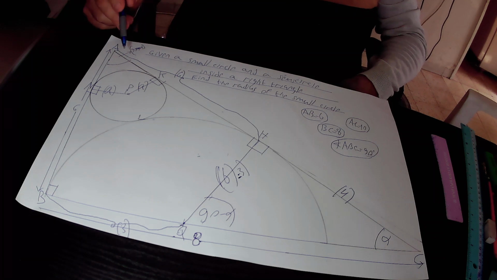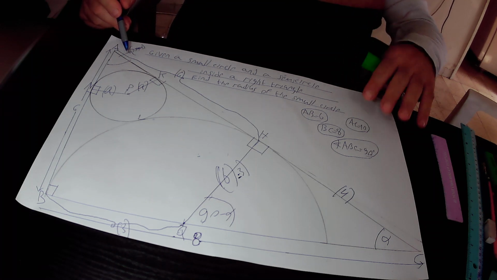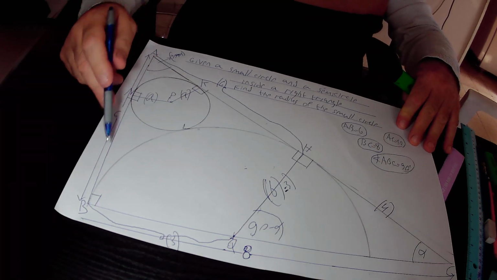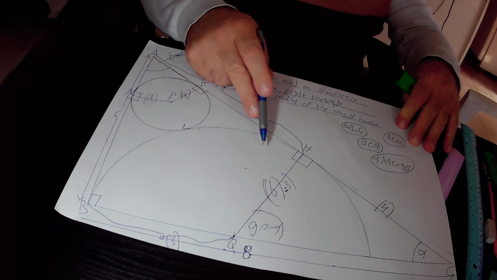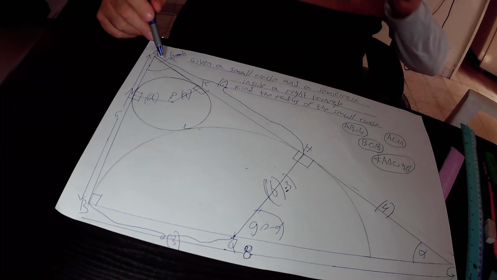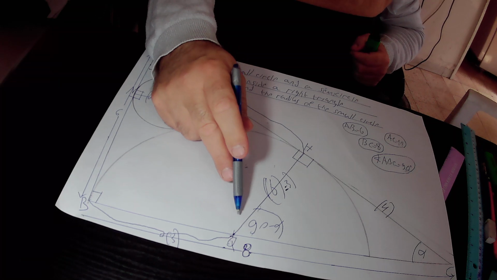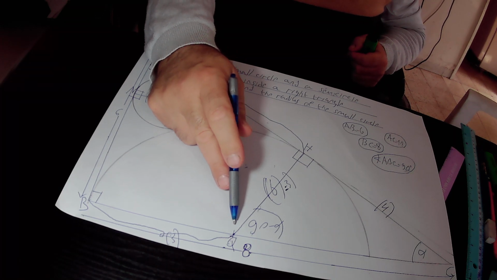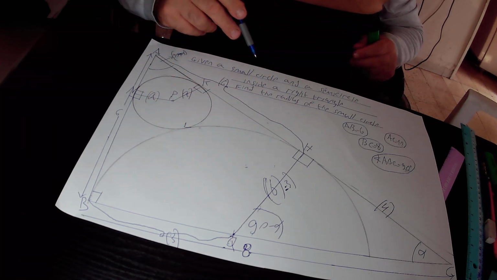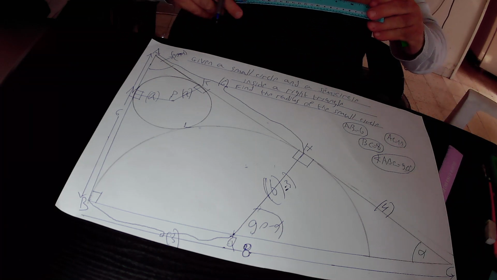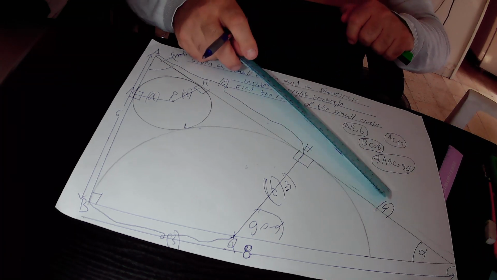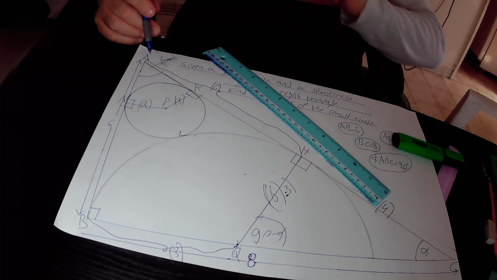Again, the angle bisector of this angle A that was created by drawing tangent AB and tangent AH to this big semicircle must pass through point Q, that is the center of this big semicircle. So I will draw the angle bisector.